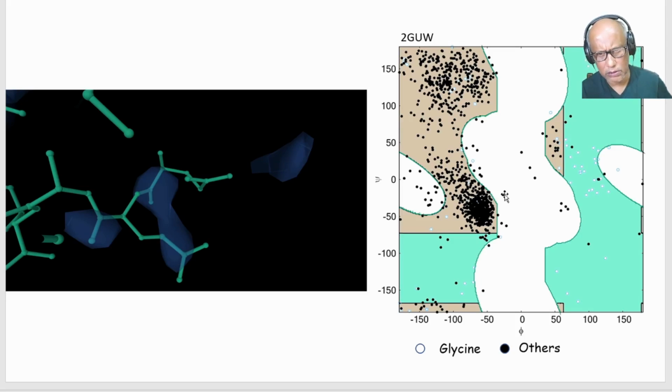It was in the 90s when Gerard Kleywegt and Alwyn Jones from Uppsala University made a case that one could use the Ramachandran map to validate protein crystal structures, and they were very persuasive in their arguments.